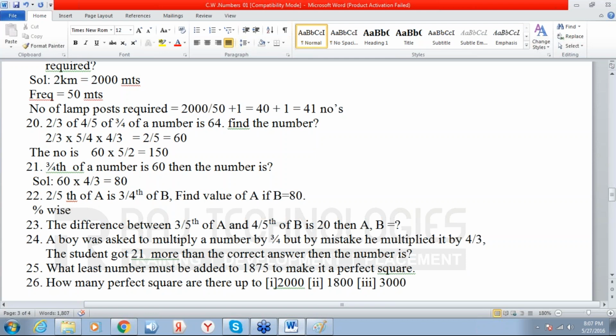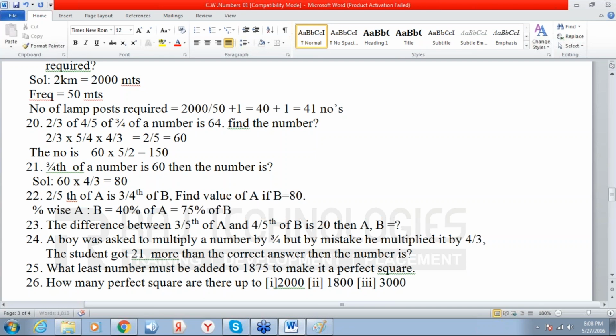Percentage wise, A is to B: 40% of A is equal to 75% of B.